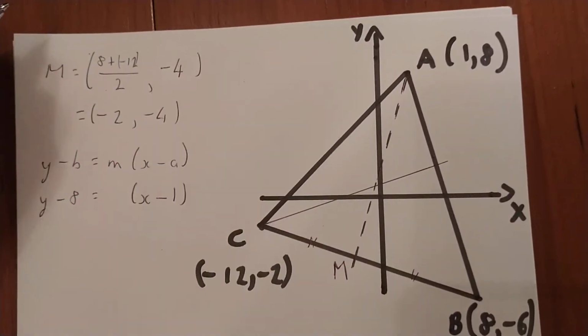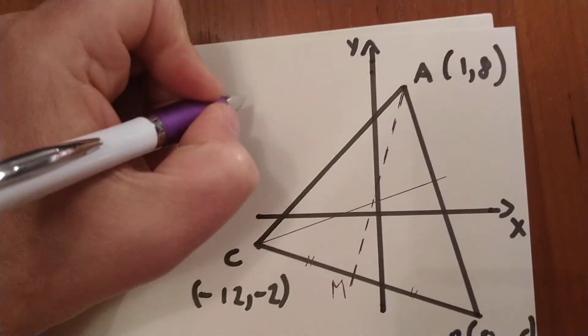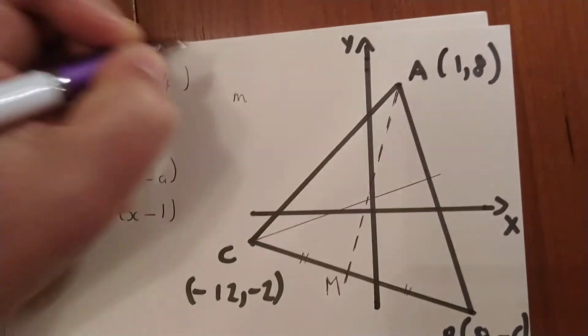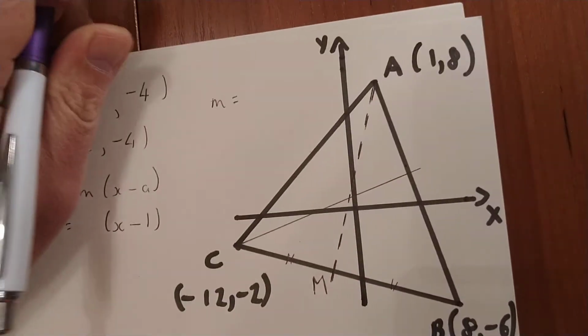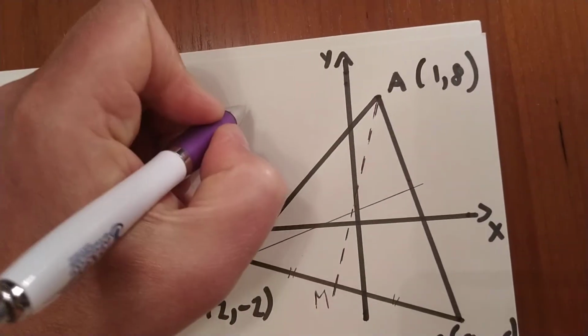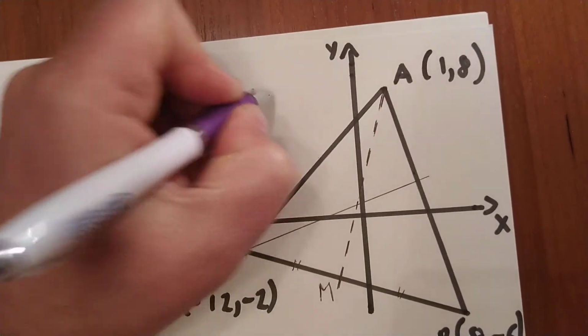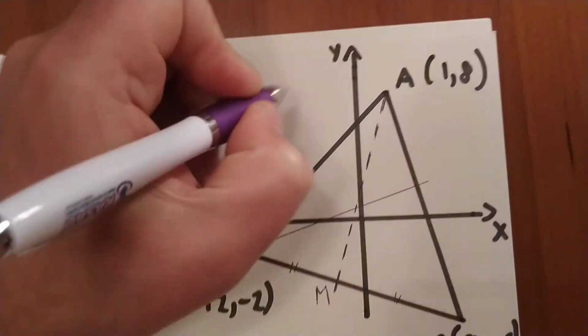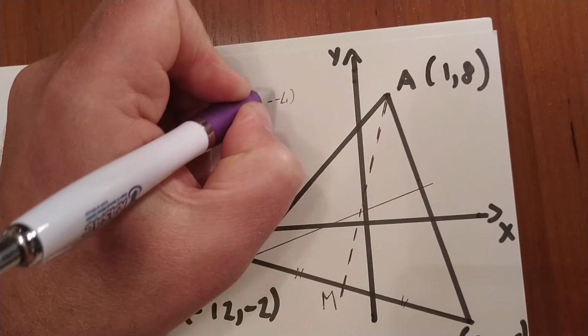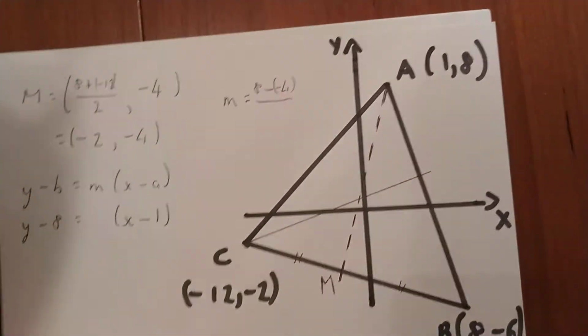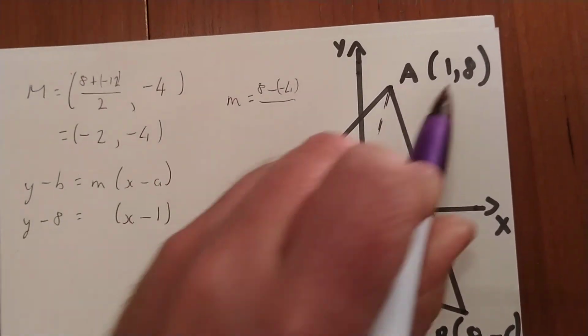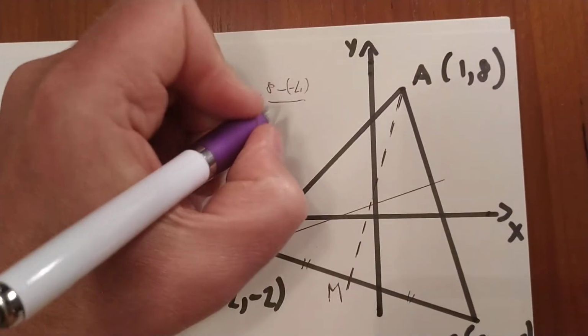So, my gradient for my median is change in y over change in x. That'll be 8 take away the y coordinate down here, negative 4, over change in x, 1 take away negative 2.